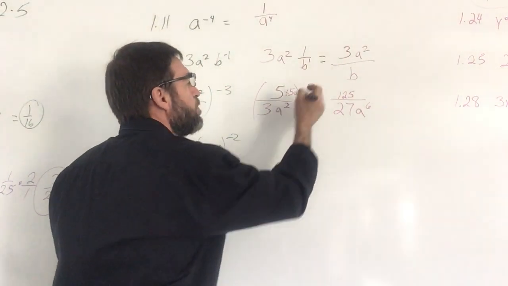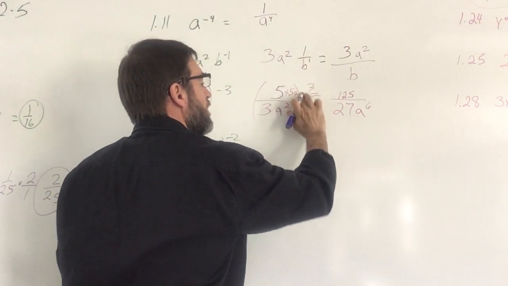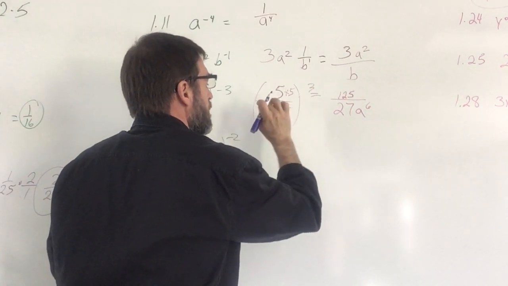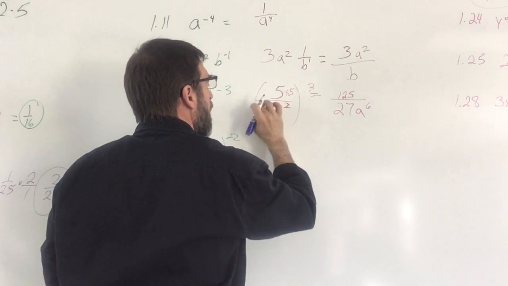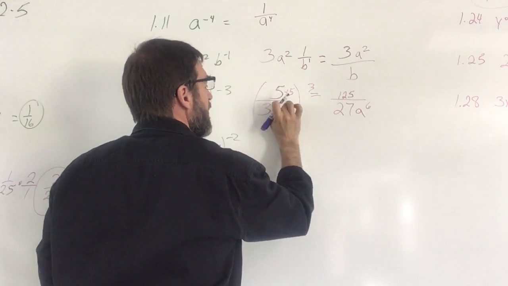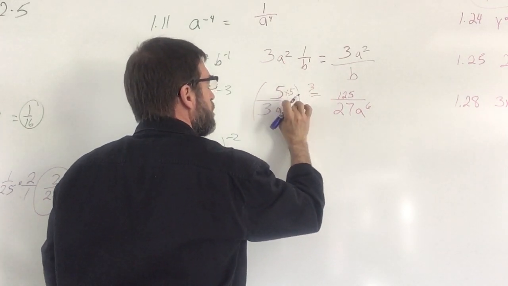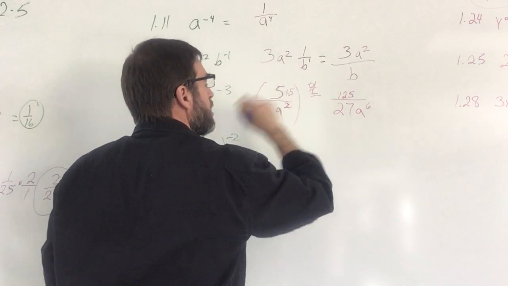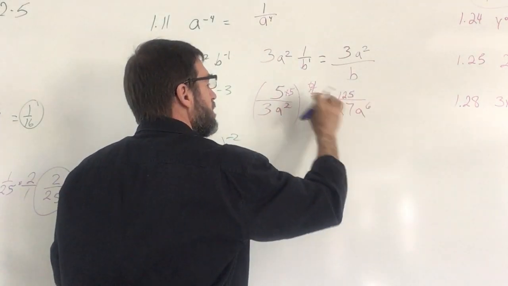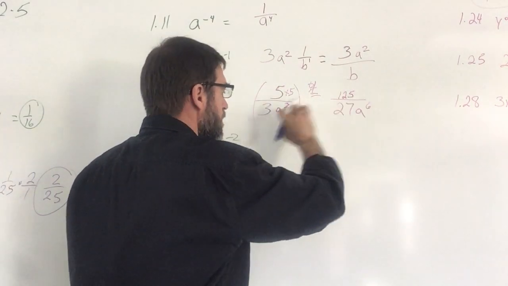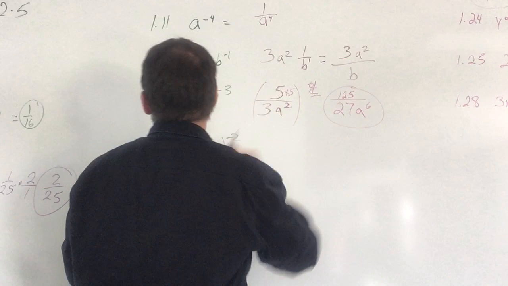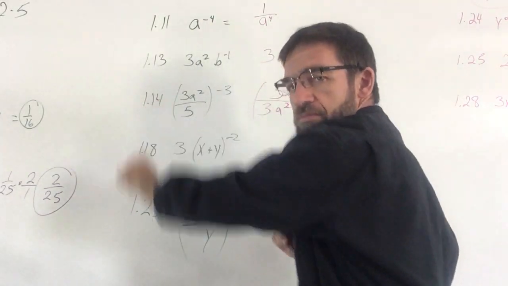When you have the exponent and you're cubing the whole thing, we cubed the whole numbers, but then the exponents, you just go 2 times 3. So if this would have been a 4, you'd go 2 times 4, which would have made 8. That's what you do with the little exponents here. A stays the same. So this is your answer for problem 1.14.